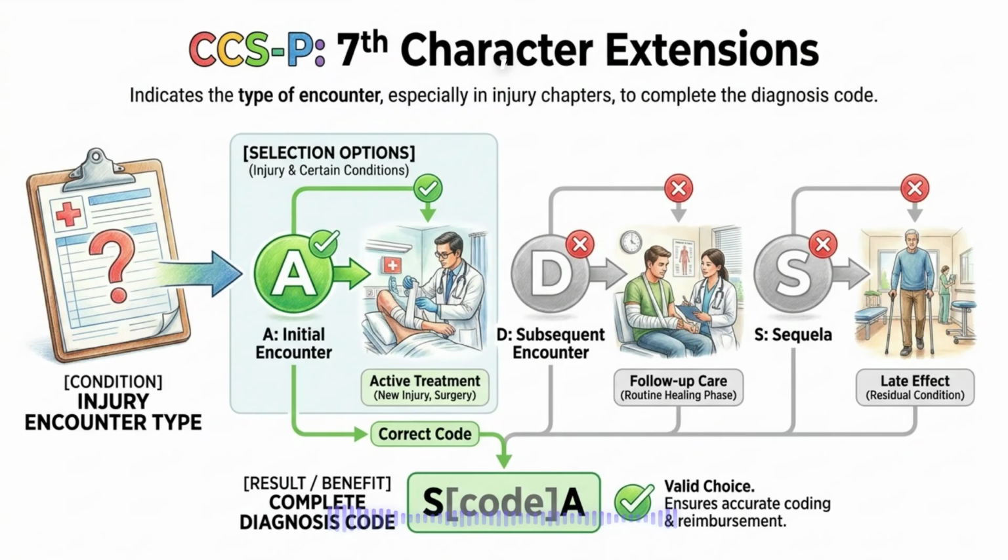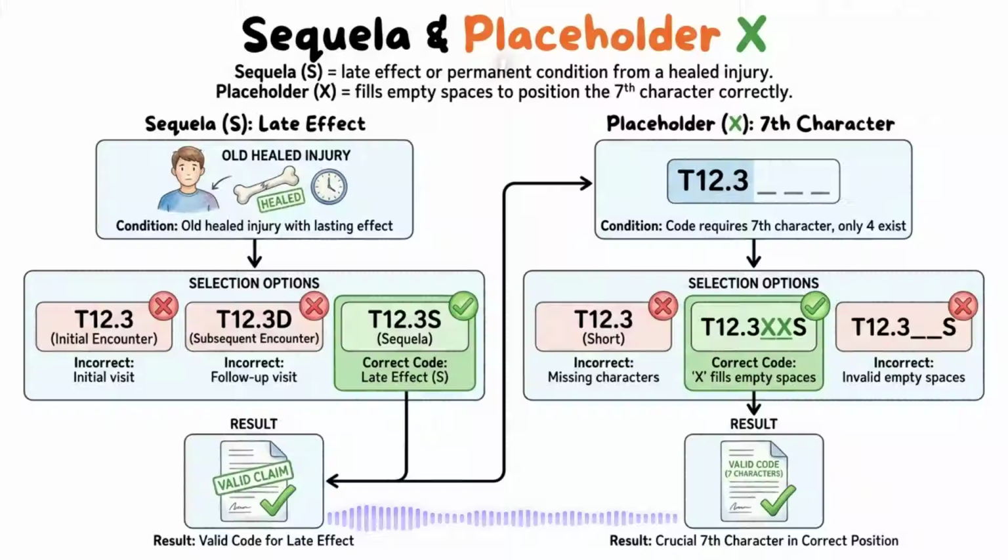The letter D stands for a subsequent encounter, which is used for routine follow-up care during the healing phase, such as removing stitches or changing a cast. The letter S stands for sequela, which refers to a late effect or a permanent condition that has developed as a direct result of an old injury or illness that has already healed.